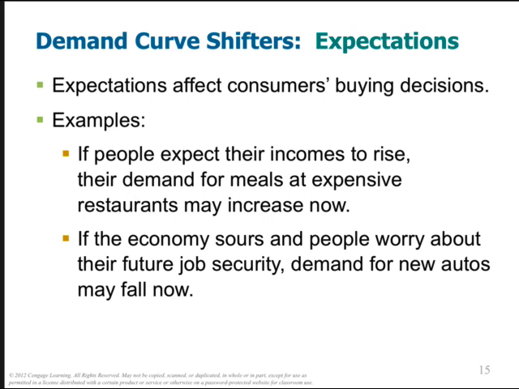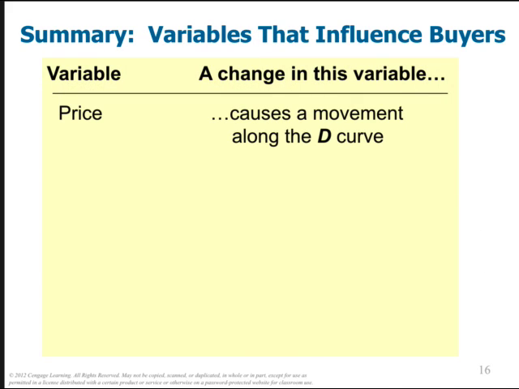Okay, so let's wrap up all of these demand determinants. A change in price is going to cause a movement along the curve because demand is the curve. Say it with me. Demand is the curve. What's the curve? The demand. All right.